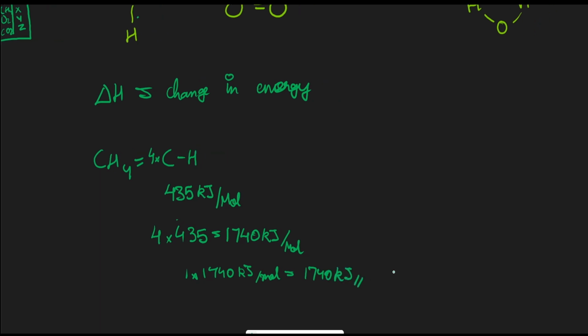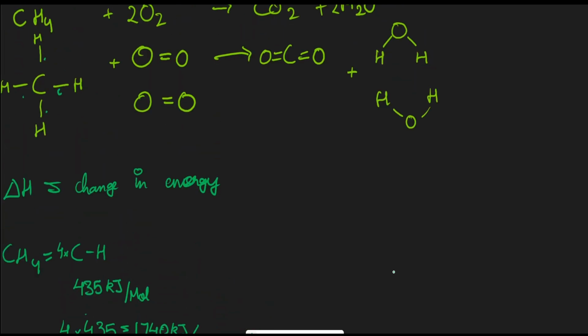Now I'm going to do the same for oxygen. So oxygen is a double bond, in one molecule of O2, this is a double bond. So it's 1 times the O double bond. And a common mistake that many students make is that when they see O2, they think there are two bonds. No, it's one bond.